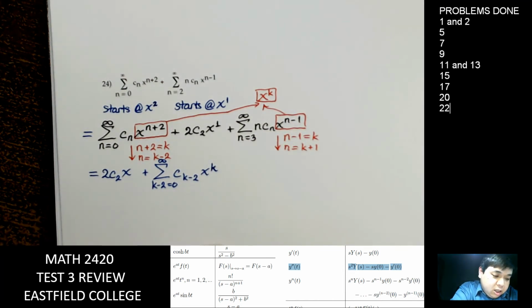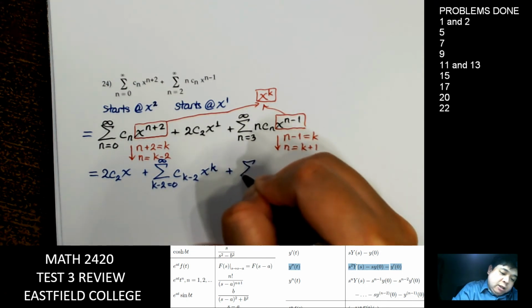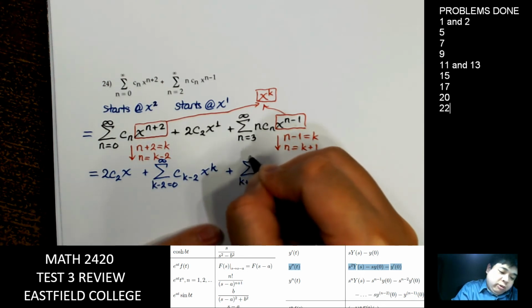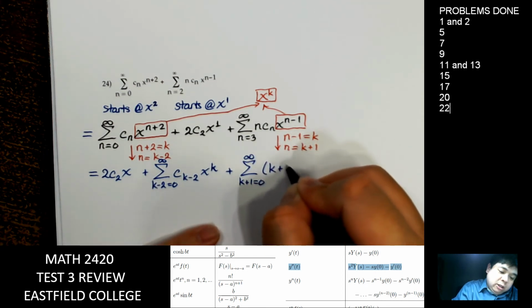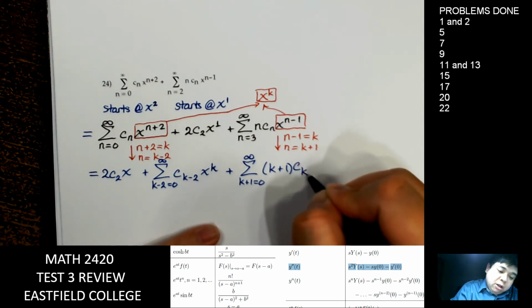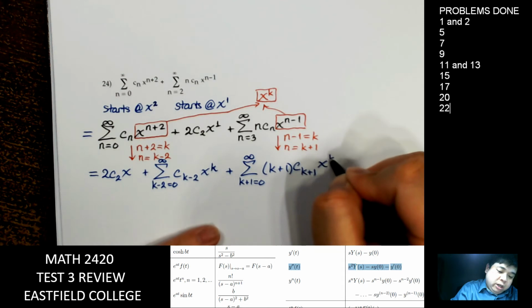So pretty simple. Next, this series, n will be k plus 1 equal to 0 to infinity. N will be k plus 1. Cn, c of k plus 1, and because this we match to x to the k.